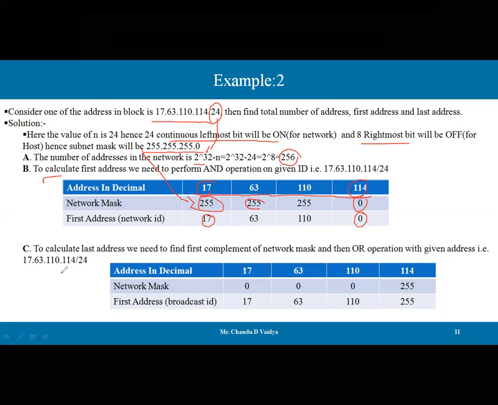17.63.110.0, and the last address, to calculate the last address, we have the OR operation. How to apply? Let's say take the address as it is, then the network mask, which is the reverse of the first one because we are taking the complement of this address. So 0.0.0.255. Then do the OR operation. So 17 OR 0. Wherever there is 1, that will be the as it is value.